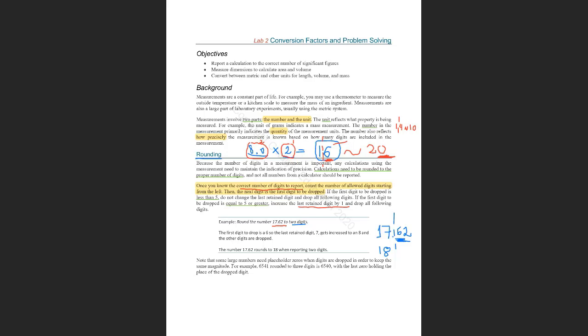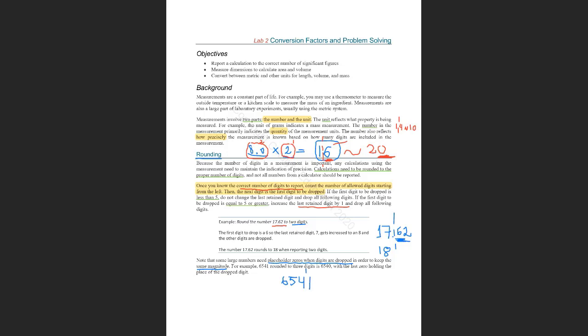And here it says, note that some large numbers need placeholder zeros when the digits are dropped in order to keep the same magnitude. For example, 6541 rounded to 3 digits, so we have 6, 5, 4, 1.